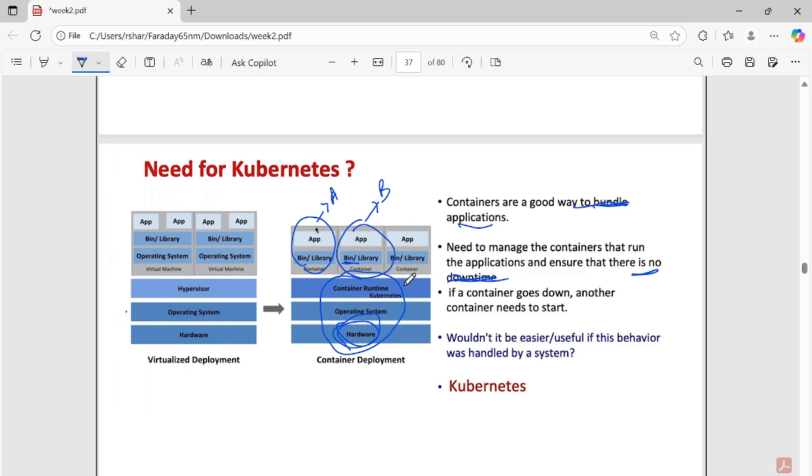So how do we manage this without any downtime?